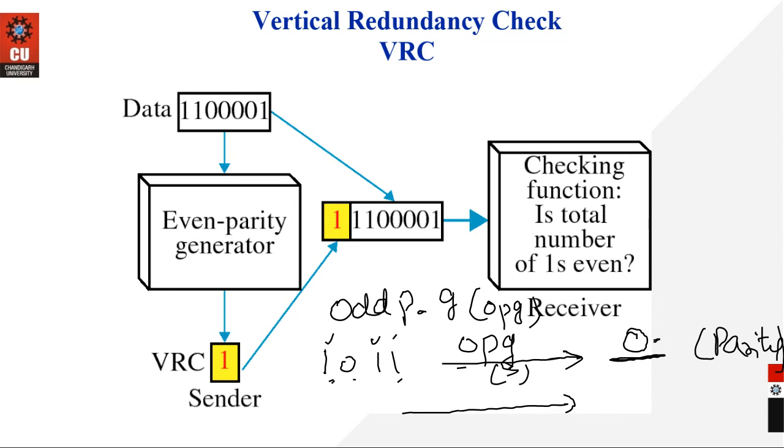By using 0 as the parity bit. So now tell me, what data will be traveling over the channel? It will be 1011, the original data, and along with that 0 will be traveling with the data. That will be the parity. That's what your VRC is.